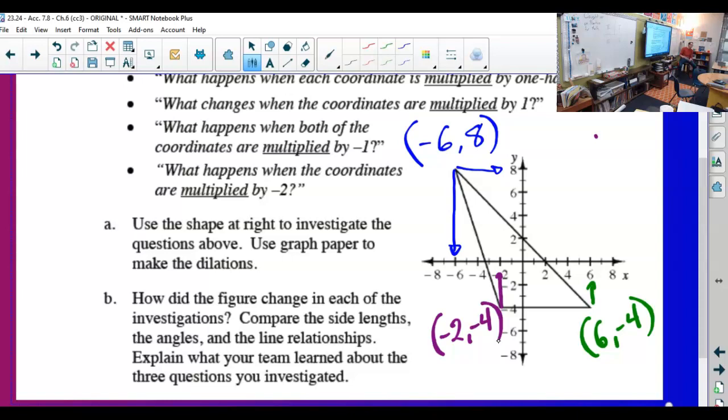I'm trying to give you time to do this. Then, again, multiply everything by negative 1. And I want you to see what happens and why. Multiply everything by negative 1.